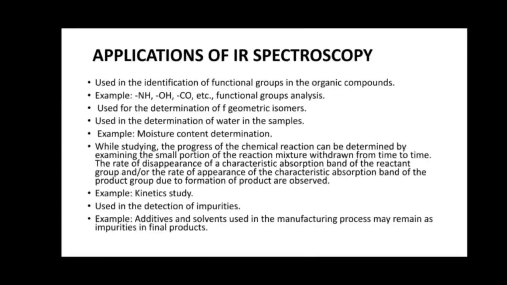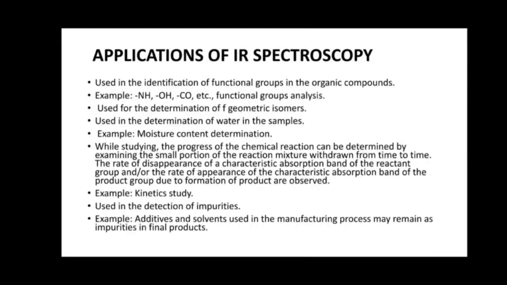Applications of IR spectroscopy. It is used in the identification of functional groups in organic compounds, for example NH, OH, CO, etc. It is also used for the determination of geometric isomers and for the determination of water in a sample, for example moisture content determination.